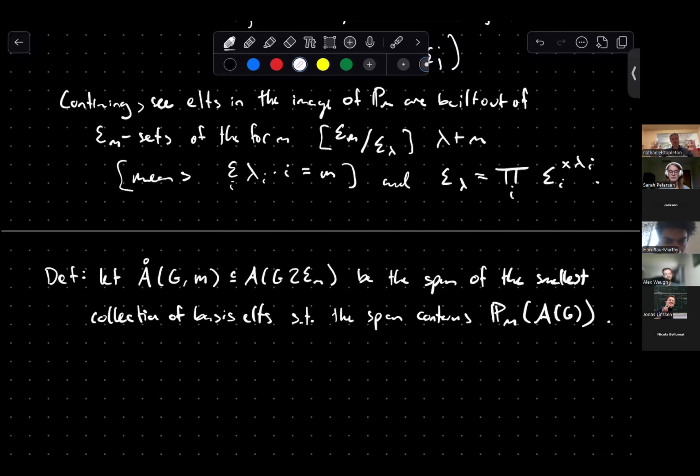So I'm just going to consider the summand of A of G wr sigma M in the canonical basis that contains the image of the total power operation.